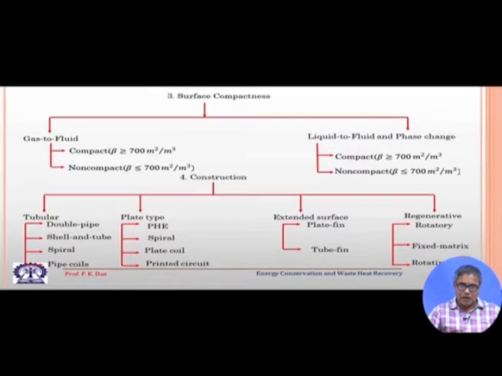If you look into the heat exchanger in a room air conditioner, you will find fins. So, fins are devices for augmenting the rate of heat transfer, and there are different kinds of heat exchangers with fins. There could be tube fin and plate fin heat exchangers, both of which I am going to show you in a photograph or figure.